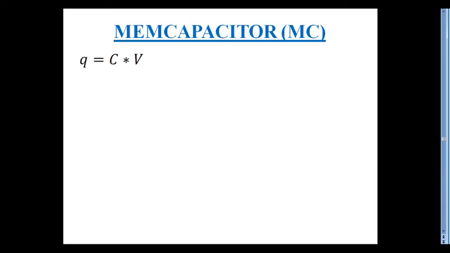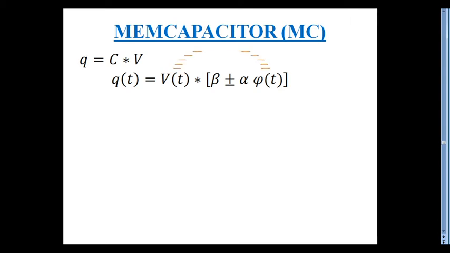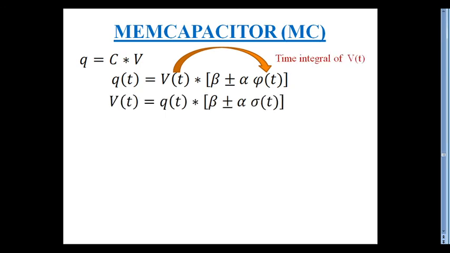Next, memcapacitor. Again you start with Q equals to CV for writing the memcapacitor equation. Then write Qt equals to C Vt, where C is your capacitance. If it was a simple capacitor, you write it as beta. So the initial memcapacitance value is beta plus minus alpha phi t. How can we write it? By taking the time integral of Vt. Similarly, the other one is Vt equals to Qt times beta plus minus alpha sigma t.